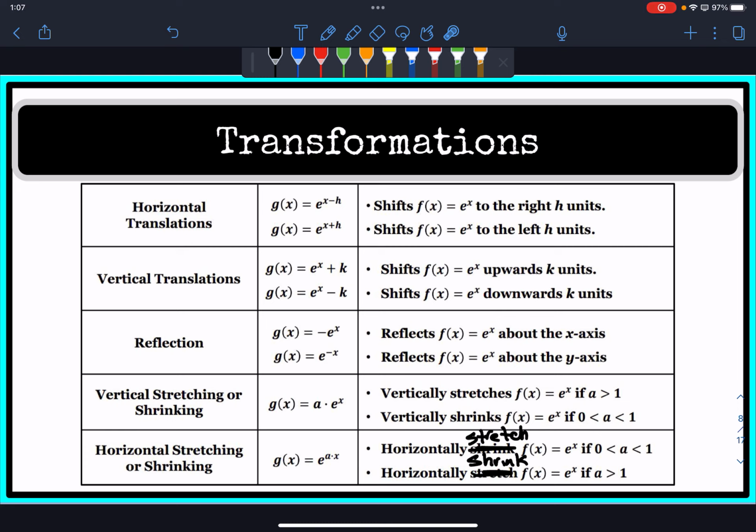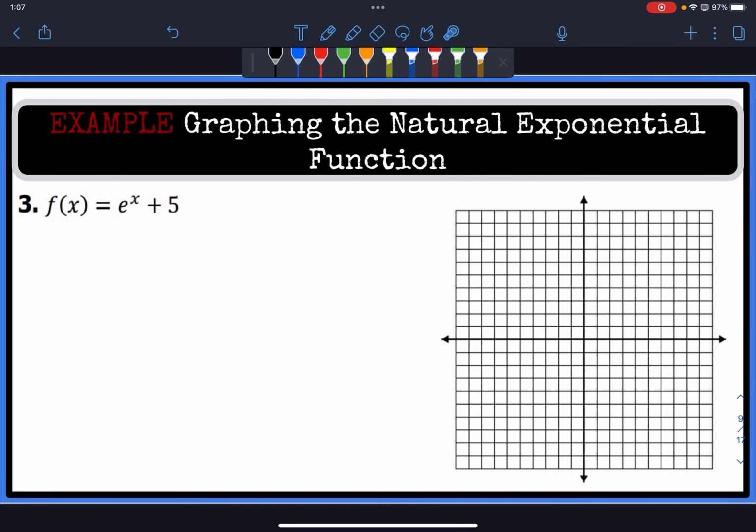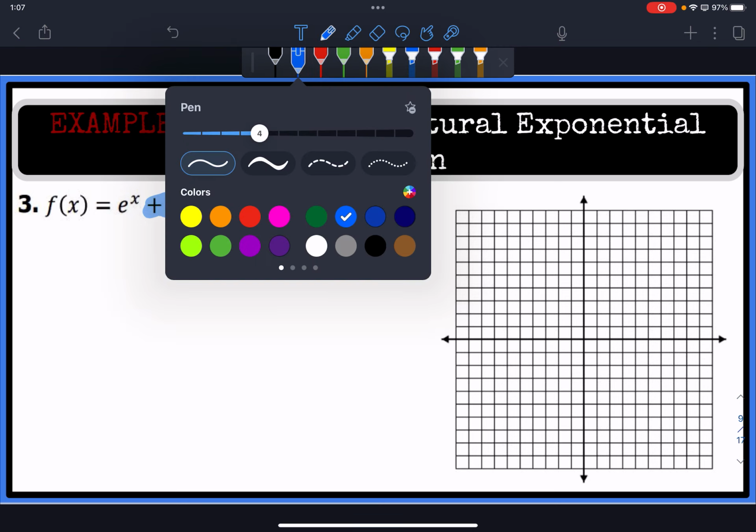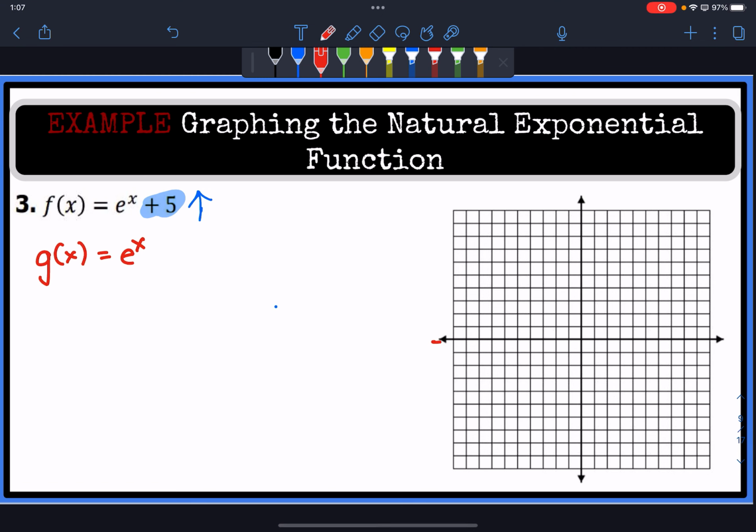So let's use these right here in order to graph some transformations of these natural exponential functions. Let's start with something simple, a simple shift of 5 units upwards. The plus 5 is going to shift this graph 5 units up. We'll start by giving ourselves a point of reference. Let's say we have g of x is equal to e to the x. So let's graph that one. g has a horizontal asymptote at the x-axis.